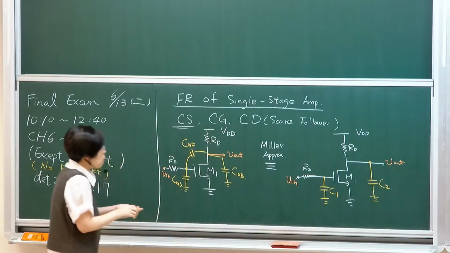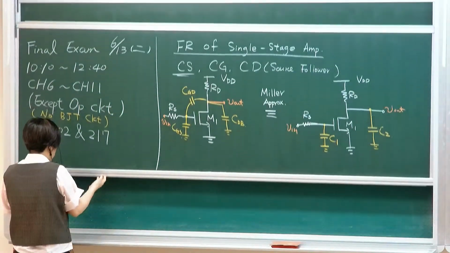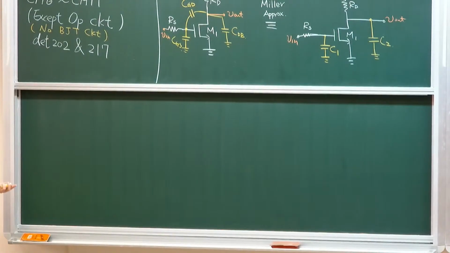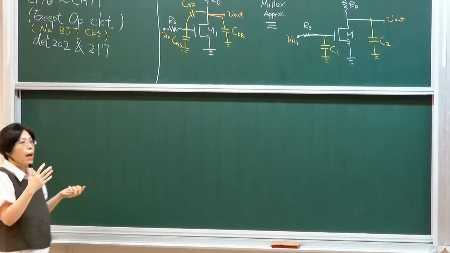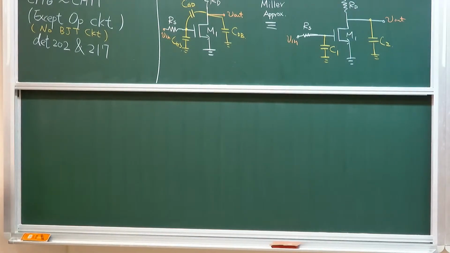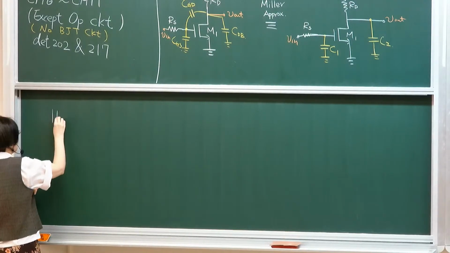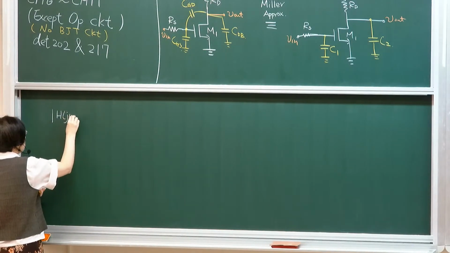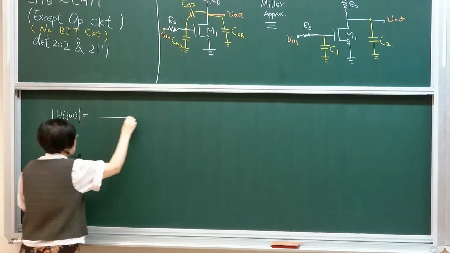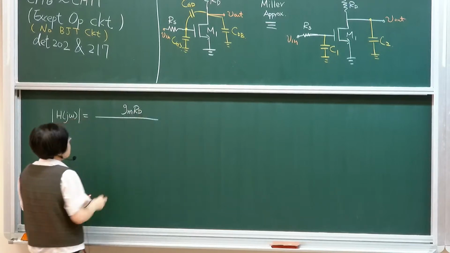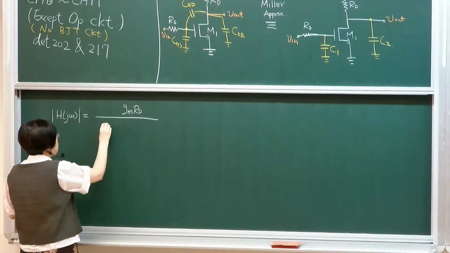If I want to construct the transfer function, at low frequency or mid-band, where your signal is actually passing, and because we skip the analysis of external capacitors, the gain transfer function can be written as its original gain, GMRD, plus two poles. I have two poles.